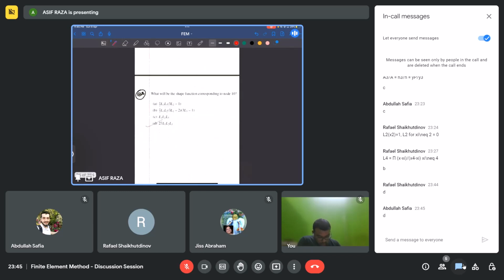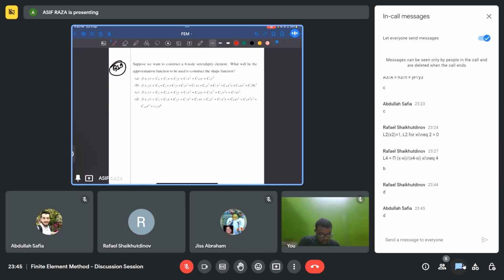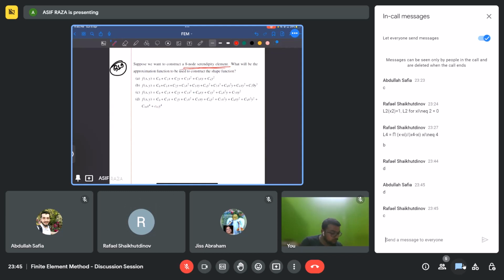Okay. Moving on to the next question. Question 19. Suppose you want to construct an 8-node serendipity element. What will be the approximation function to be used to construct the shape function? Eight node serendipity element.